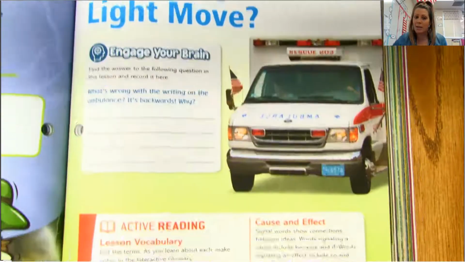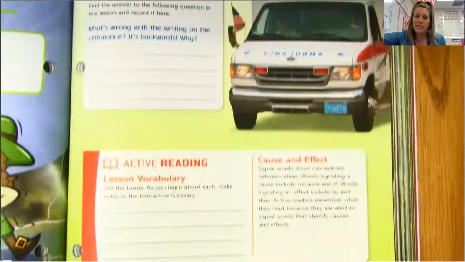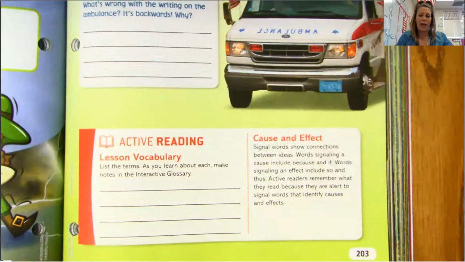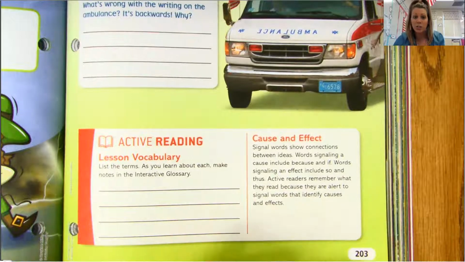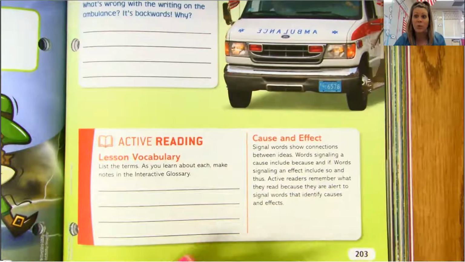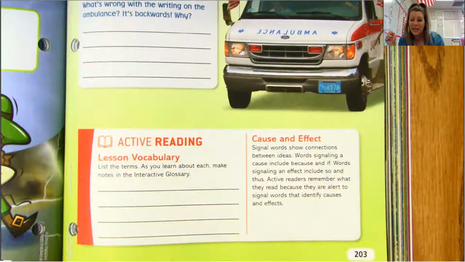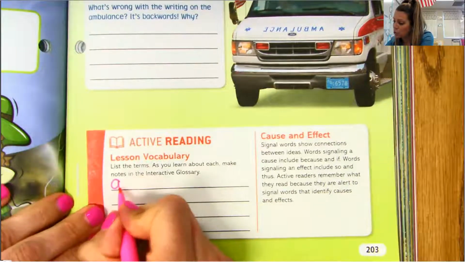So down at the bottom, there is a spot for some important vocabulary words. All right, so we want to write these down and we're going to hunt for them as we're reading. And when we get to them, we're going to underline them so that we know the definitions and what they mean. So our first word is absorb.